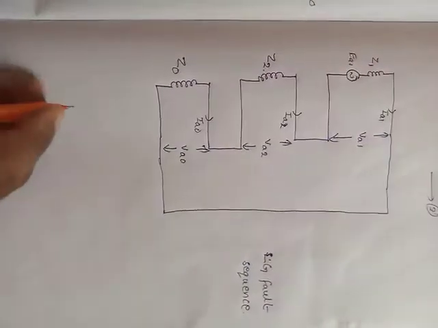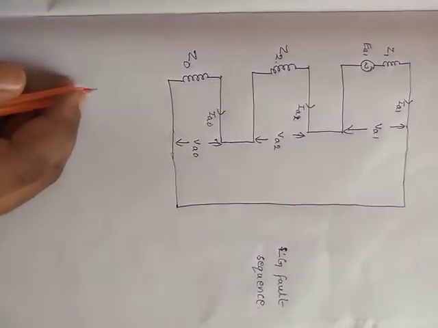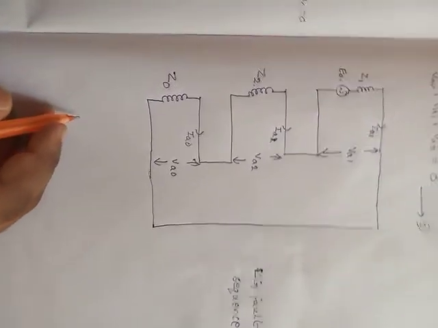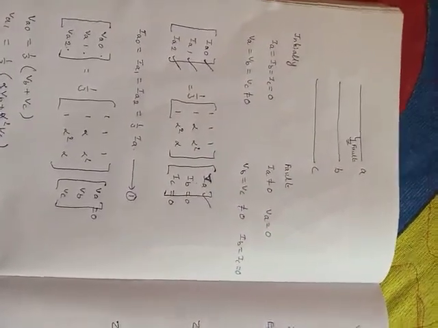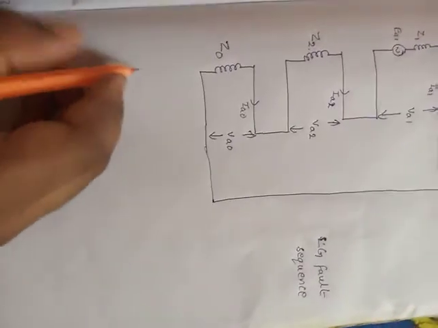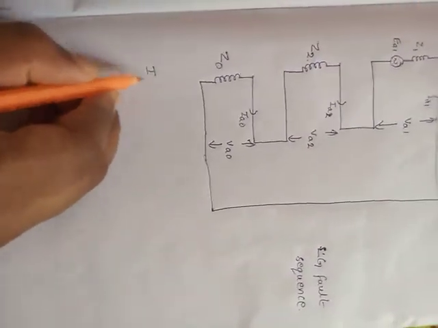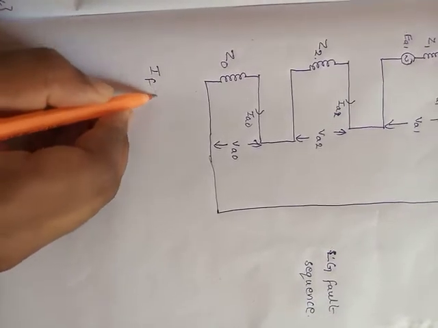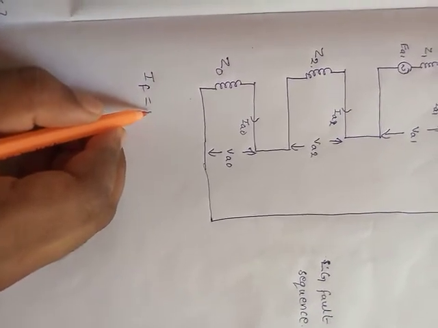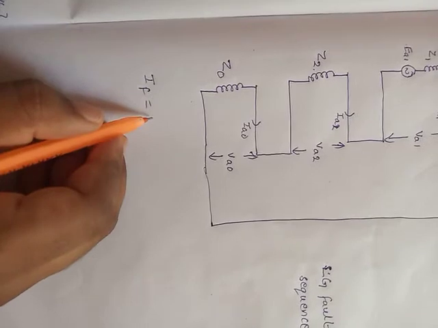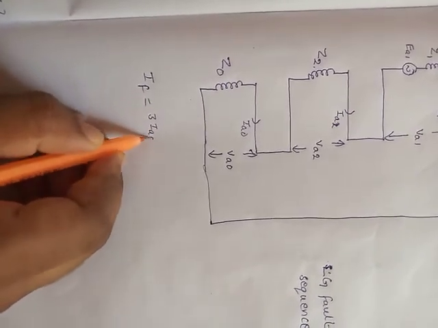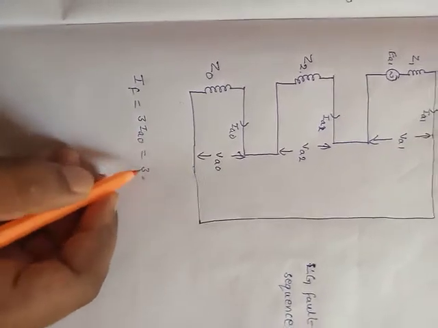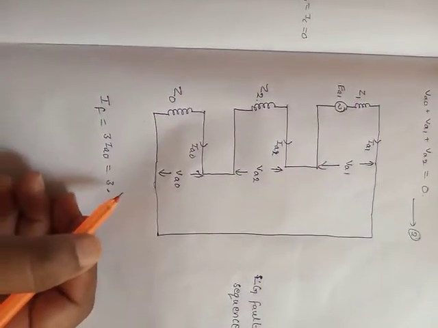Our main objective is to find the fault current. From this we can say that the fault current is the current flowing through phase A. So we can write IF equal to fault current. This is the single line to ground fault. You can get Ia0, and here Ia0 is the same as Ia1.